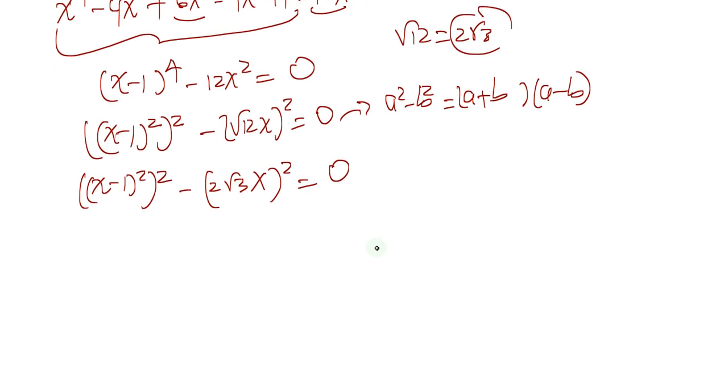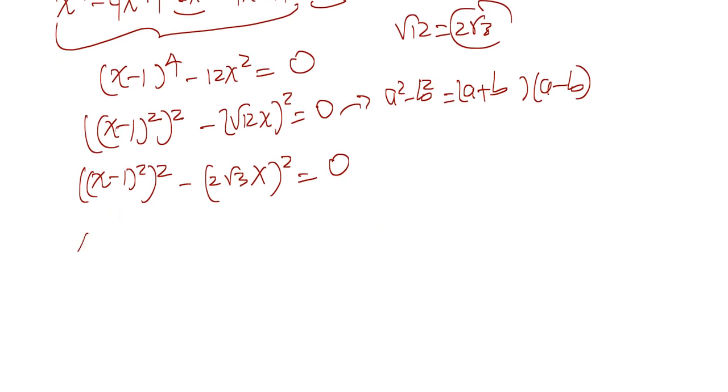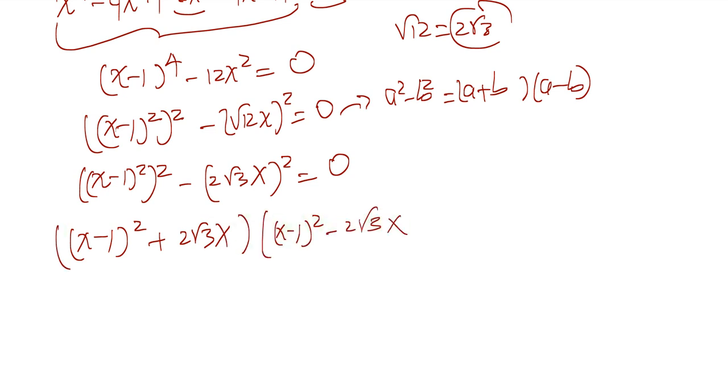So now we can apply the difference of two squares. We have then (x minus 1) squared plus 2 square root of 3 x, and this will multiply (x minus 1) squared minus 2 square root of 3 x, and then this is 0.